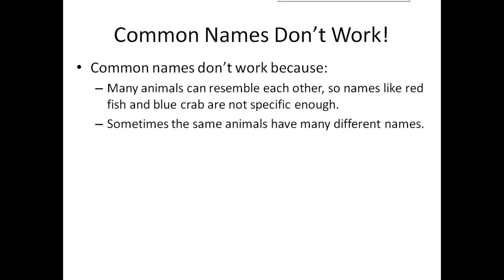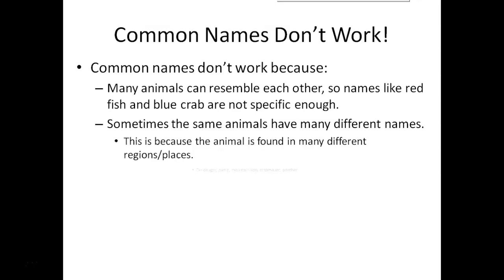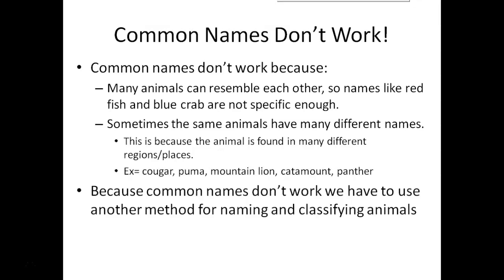Okay. And sometimes, like with our cougar, we run into issues where the same animal can have a whole bunch of different names just depending on where we find that animal. Oh, I forgot to mention, sometimes cougars are also called pumas. They'll call those pumas down in South America too.